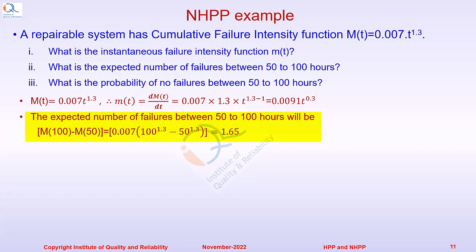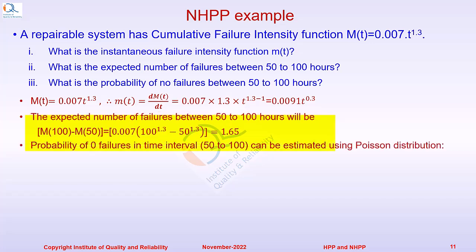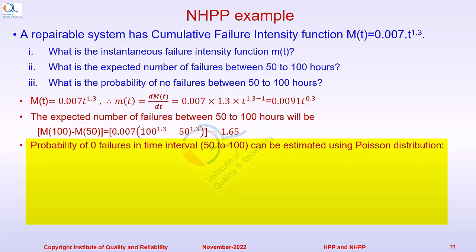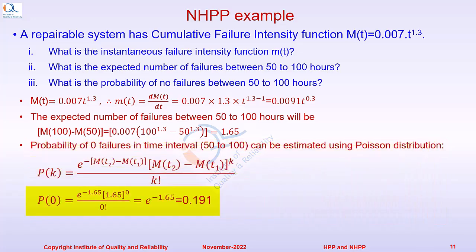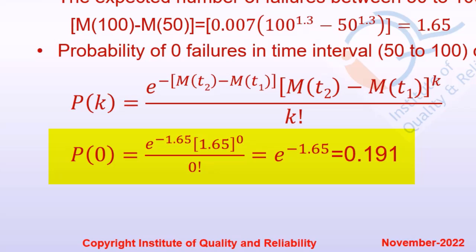Now to answer the third question, we need to use this expected number of failures for finding the probability of zero failures. So the probability of zero failures in time interval 50 to 100 can be estimated using the Poisson distribution, and that is equal to e to the power minus 1.65, 1.65 raised to 0 upon factorial 0, which equals e to the power minus 1.65, as factorial 0 is equal to 1 and 1.65 raised to the power 0 is also 1.